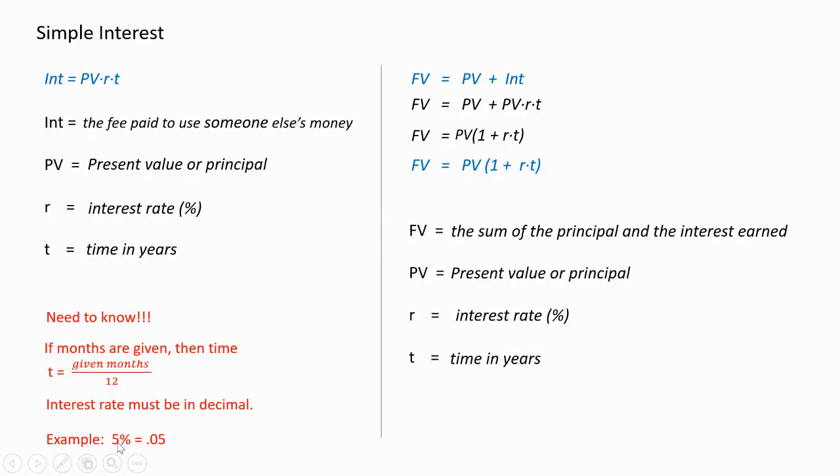So you take away the symbol and you move the decimal point 2 places to the left, or you can divide the interest by 100 and take away the symbol. These are the 2 things where a lot of students make mistakes. So make sure that you know exactly how to apply the time in years and the interest rate as a decimal.